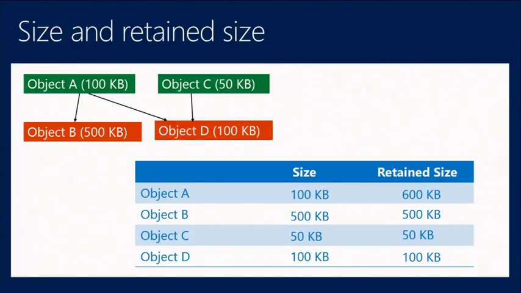And then, of course, object D is 100K. So that's why in the memory analysis tool, when you select an object, we show you all of the parents. If you had selected object D in the reference graph at the top, we would show you that it's being held by 2 parents, A and C, so that you can understand what it's going to take to reclaim its memory.